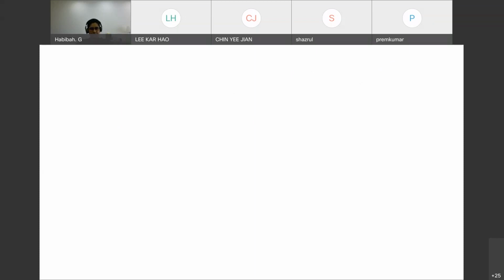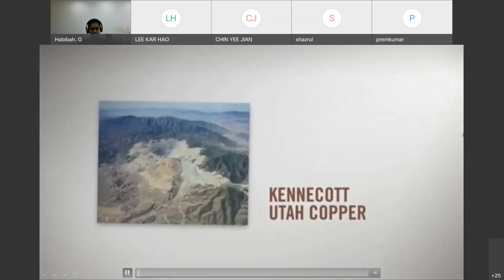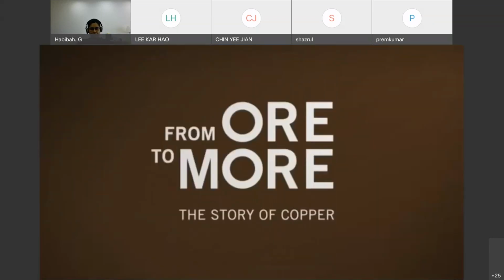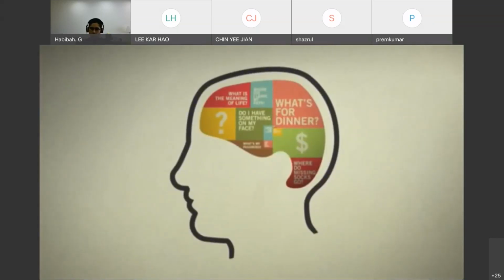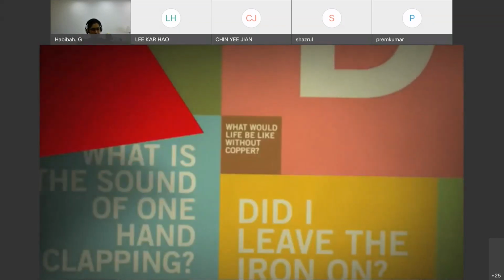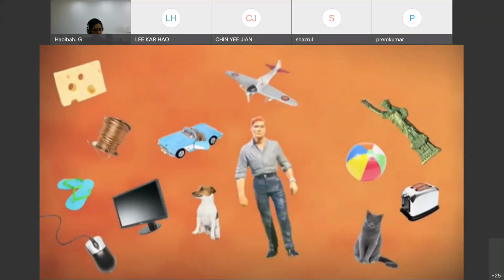Have you ever wondered what your life would be like without copper? Don't worry, it's not something most people spend a lot of time thinking about. But the fact is that without this basic element, you'd be stuck with no running water, no phone, no computer, and no electricity for that matter.